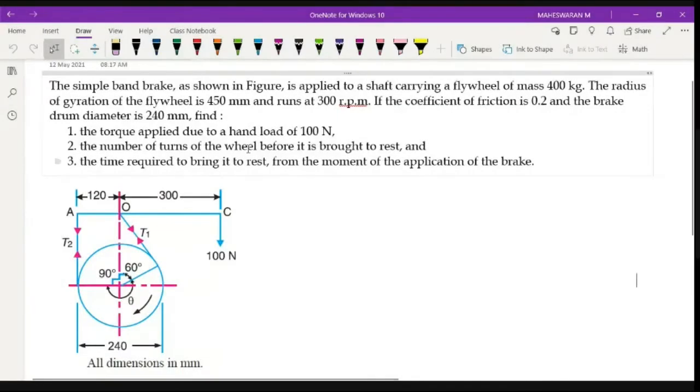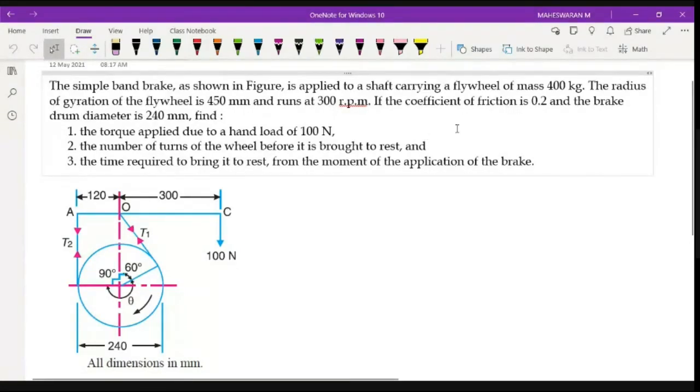Right, let me consider this. You have a band brake, as shown in the figure. There is a mass carrying around 400 kg along this brake. The radius of the drum is given as 450 mm, and it is running at 300 rpm.